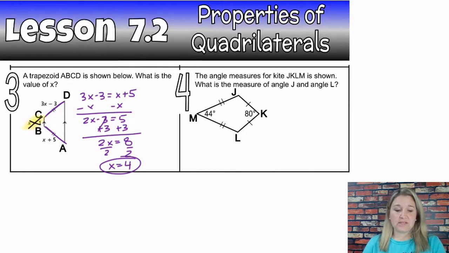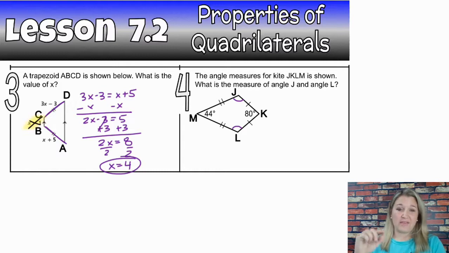And then the last one is talking about the angle measures for a kite. So the thing that you need to remember about a kite is that where the two non-congruent sides meet, there's two angles there, J and L, and those are going to be congruent.